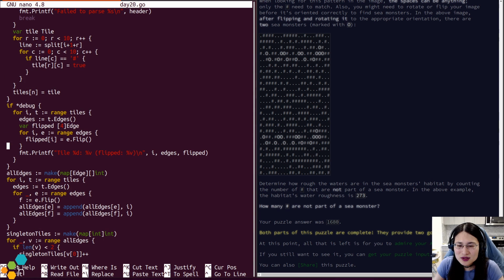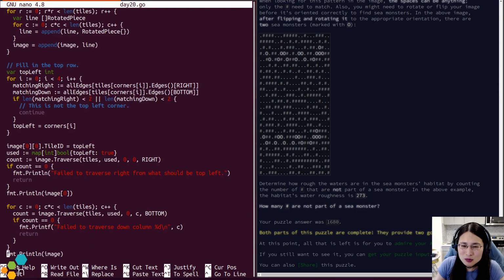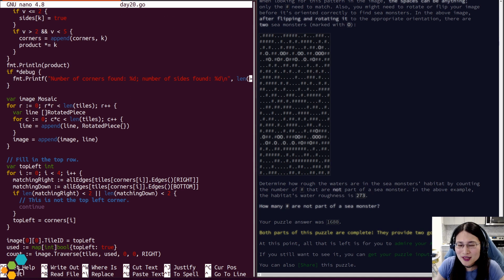Let's see. So, all this code for part A is good. But now we need to construct my virtual tiles, and then we need to start being able to do the search.